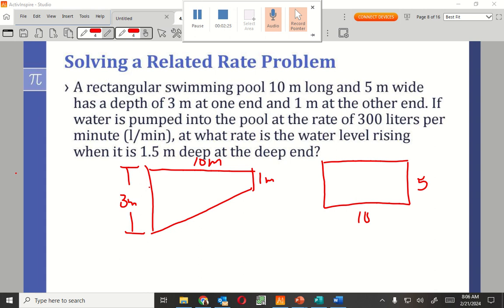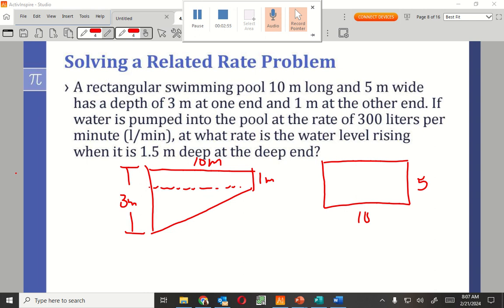And then the volume problem is going to be two different problems together, because we have the volume of the bottom piece here and the volume of the top piece. So there are going to be rates of change on this, and they change depending on where it's at.